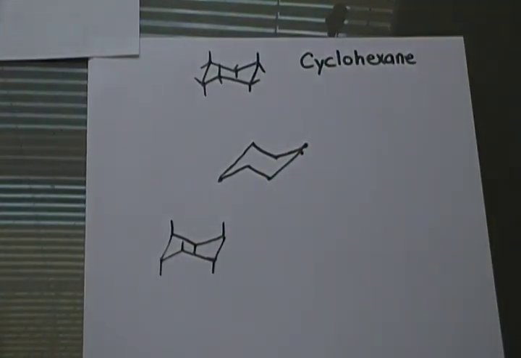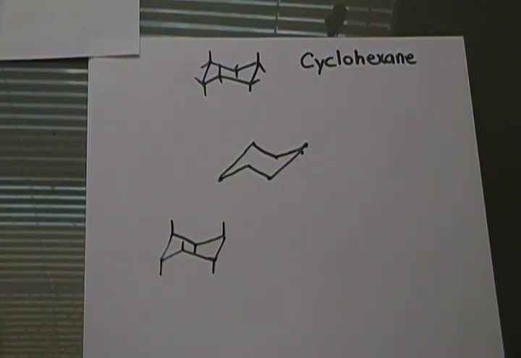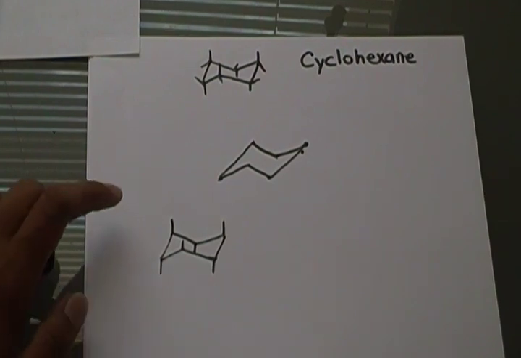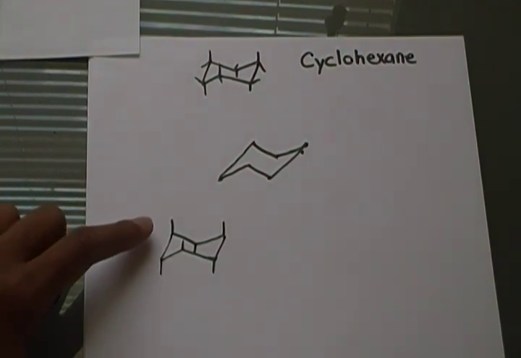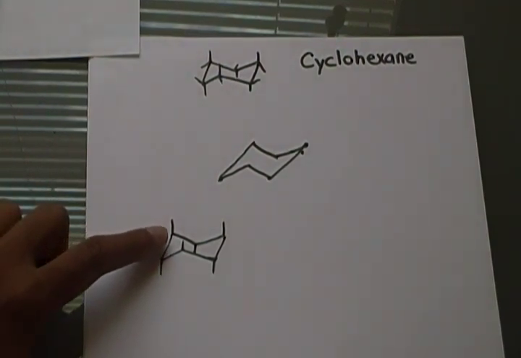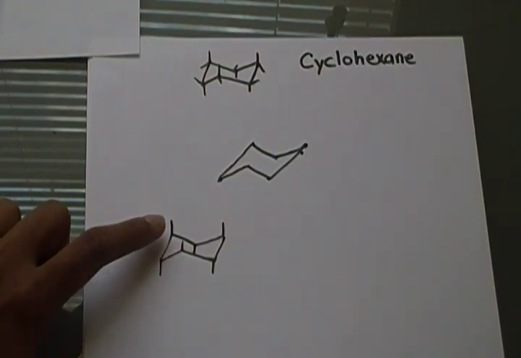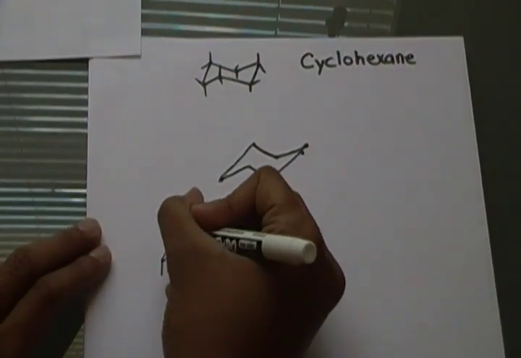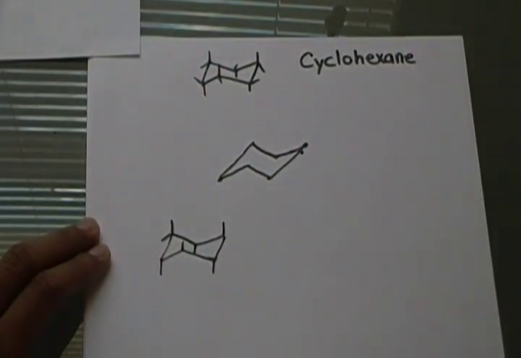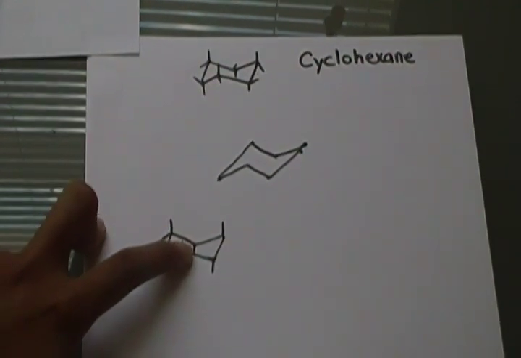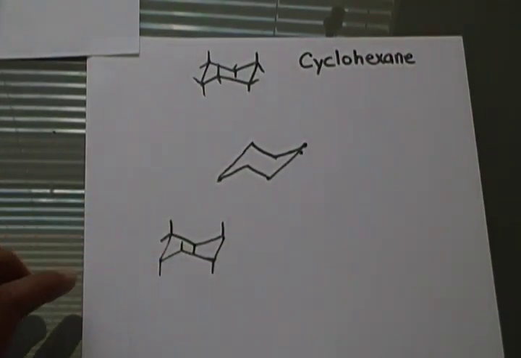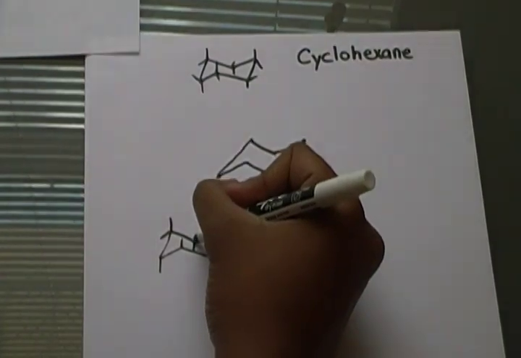And then you have to draw your equatorial hydrogens, and that's basically the same concept, but it's going to be different from whatever you have already. For example, this one has an axial up hydrogen, so it's going to have an equatorial down hydrogen, like so. And on this one, it has an axial down hydrogen, so it's going to have an equatorial up hydrogen.